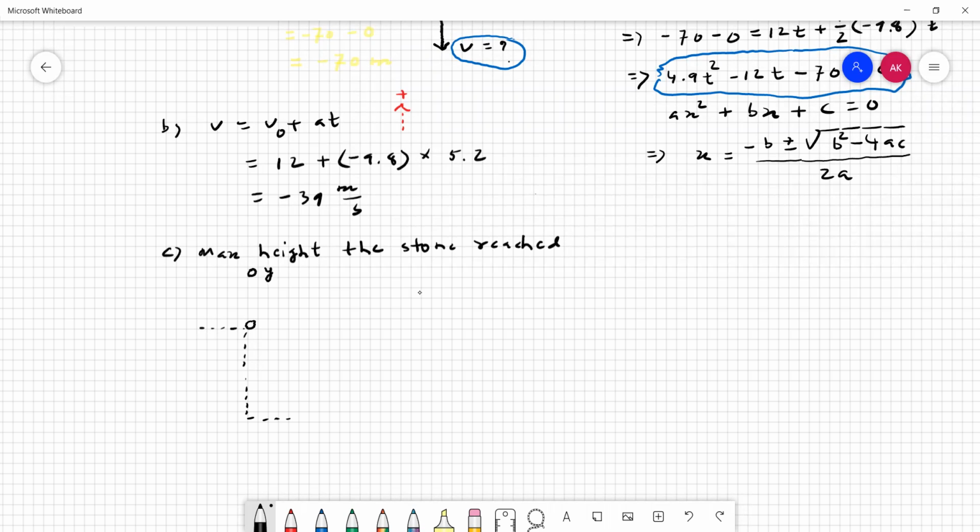So what happens to the velocity of the object at the maximum height? It starts to decrease. Zero. Is that right? When it reaches the maximum height, its velocity becomes 0.